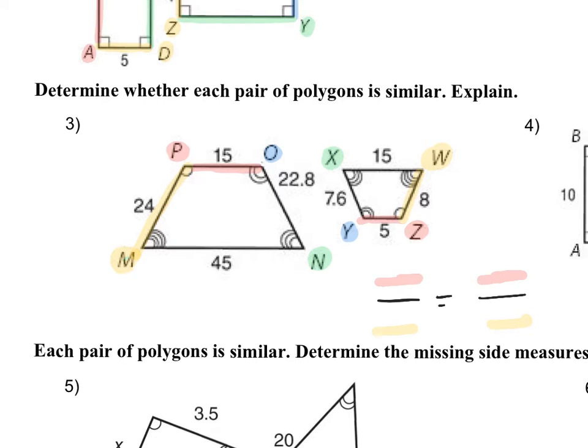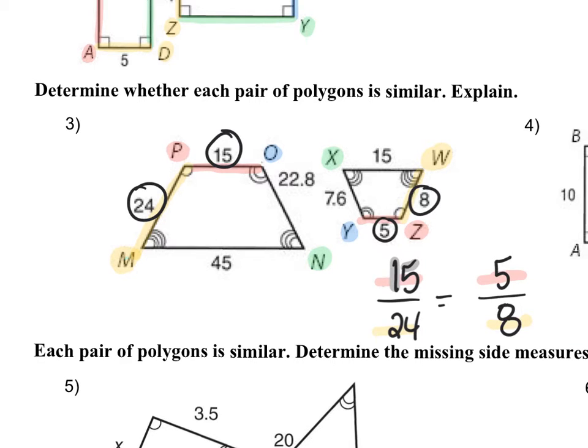Okay, so red is 15. Yellow is 24. Do you see where I got both of those numbers from? Okay, 15 from the red, 24 from right here. Then red here is 5, and 8 here is yellow.